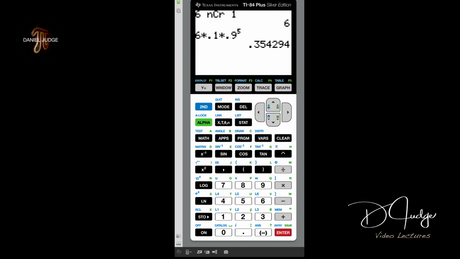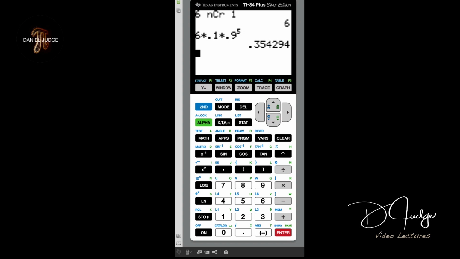And so P of 1, sure enough, is approximately 0.354. Now that's not my answer. That's the answer we got over here for P of 1, which was part of the solution.